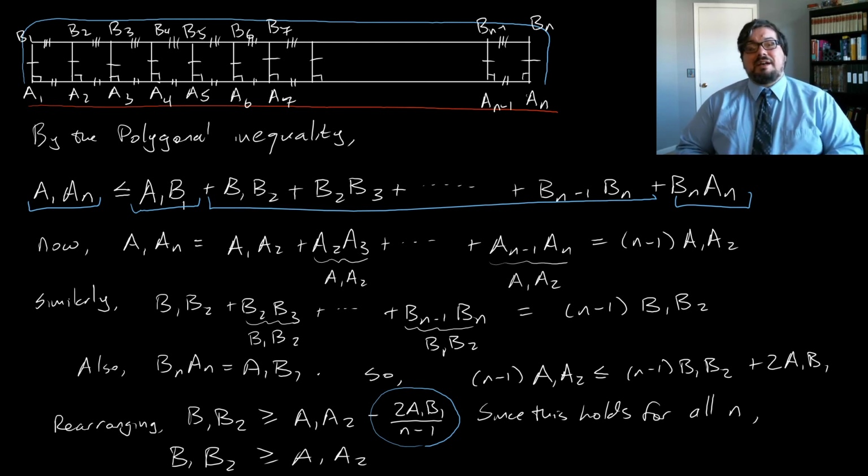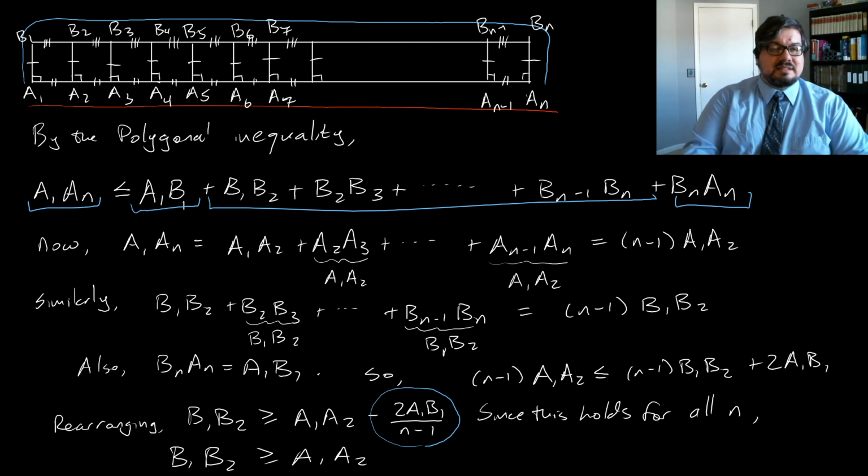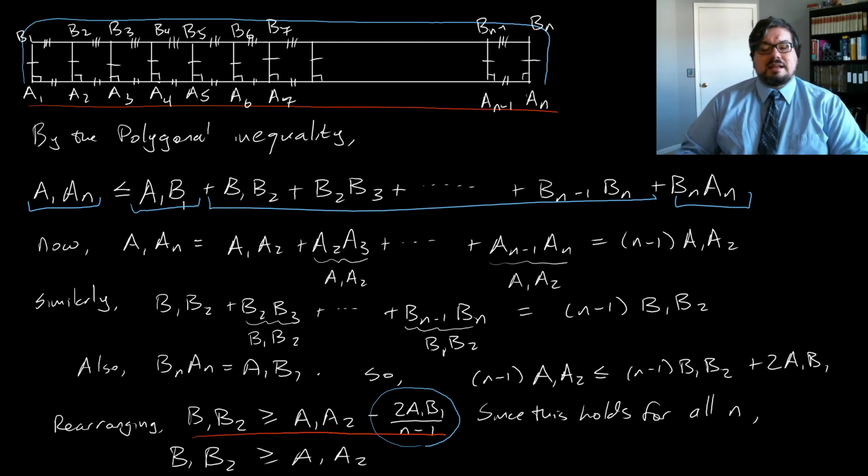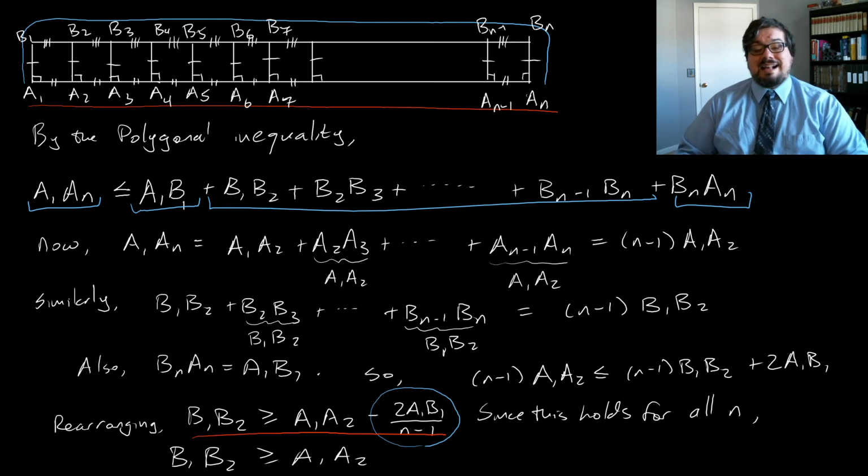Another way of thinking about this, if you're familiar with suprema, is that the statement that we got here says that B1, B2 has to be greater than or equal to the supremum of the expression on the right for all n.